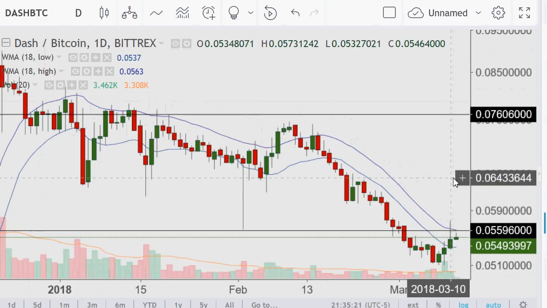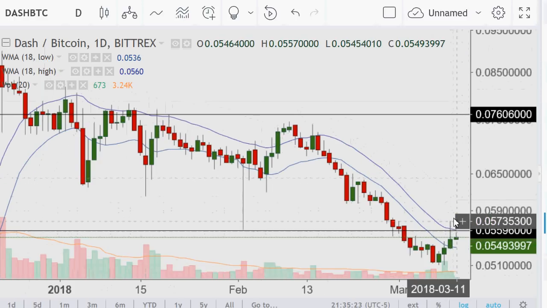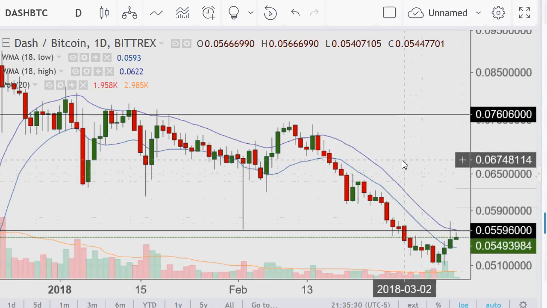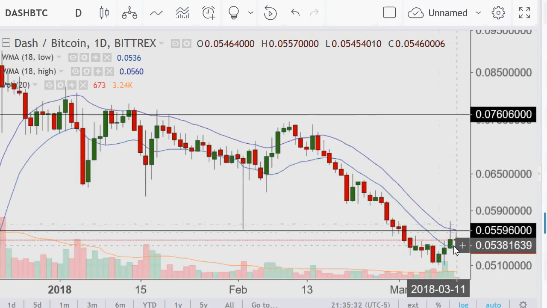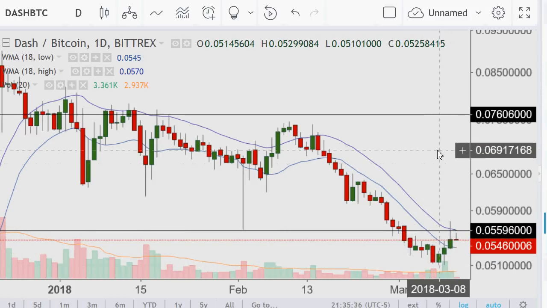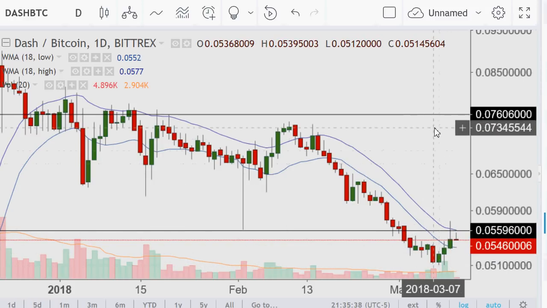But if this thing can find a way to get above this line, stay and hold above it for a couple of days, that is, or a couple of periods when you look at the time frame in this case, which works out to a couple of days, then I'm going to be looking at this as a failed breakdown.